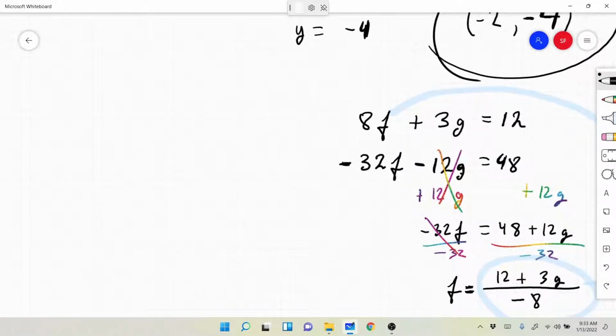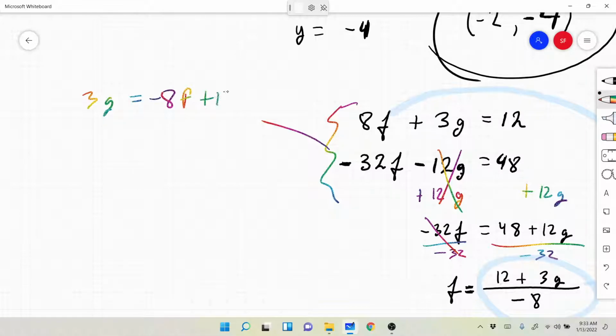If we solve this first one for g, then we end up with 3g equals negative 8f plus 12. Then we divide the 3 off, and we end up with g equals negative 8/3 f plus 4. So that's for the first equation.